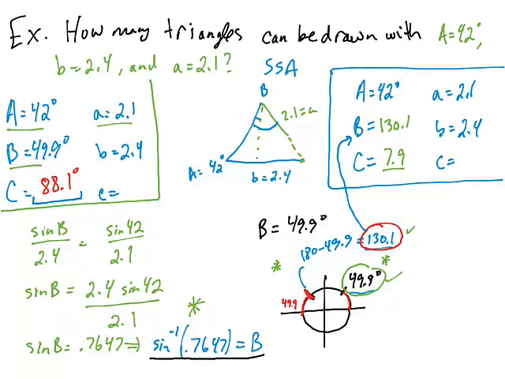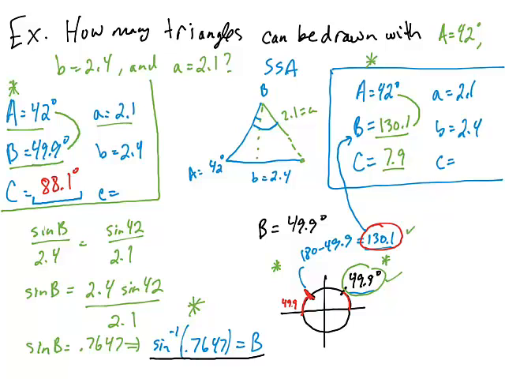Once we find those two possibilities, we need to check them in our solution. With 49.9, when I added angle A and angle B together, that did not exceed 180 degrees, so there is a possibility for angle C of 88.1 degrees. Similarly, when I use 130.1 degrees with 42, those added together do not exceed 180 degrees.